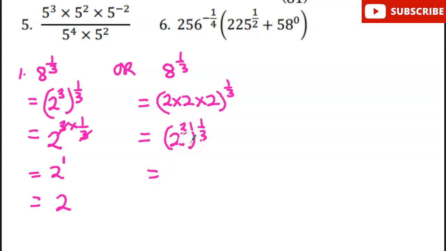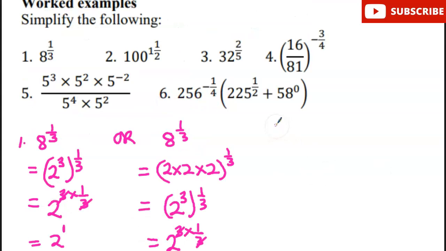And then we apply the laws. So 2, according to indices, 3 times 1 on 3. So 3 will cancel that. So we have 2 raised to the power 1, which is equal to 2.